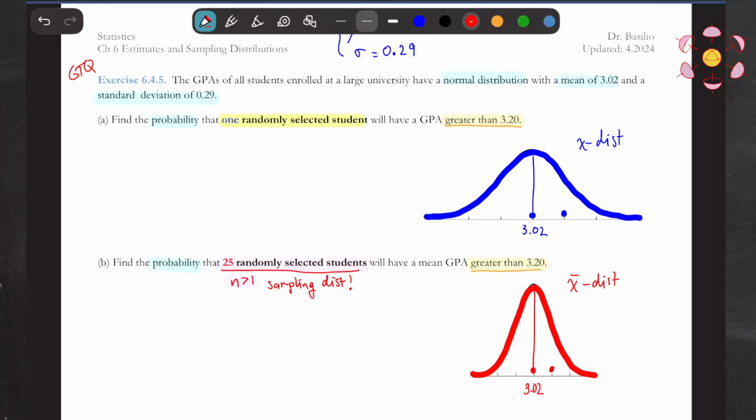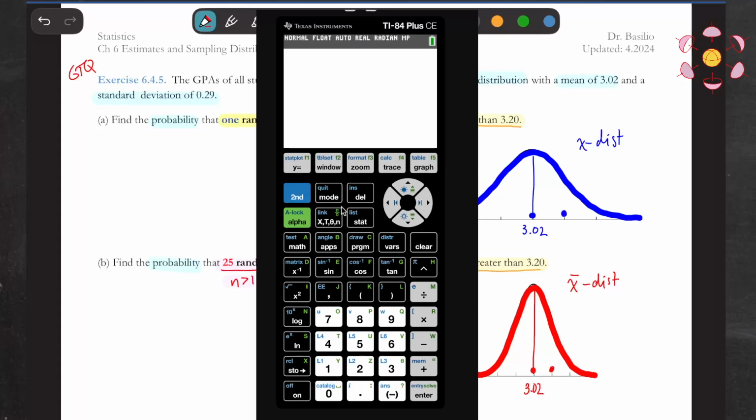Okay, and actually, why don't I calculate? Aha, I fixed it. So 3.02 plus the standard deviation of 0.29 is 3.31.